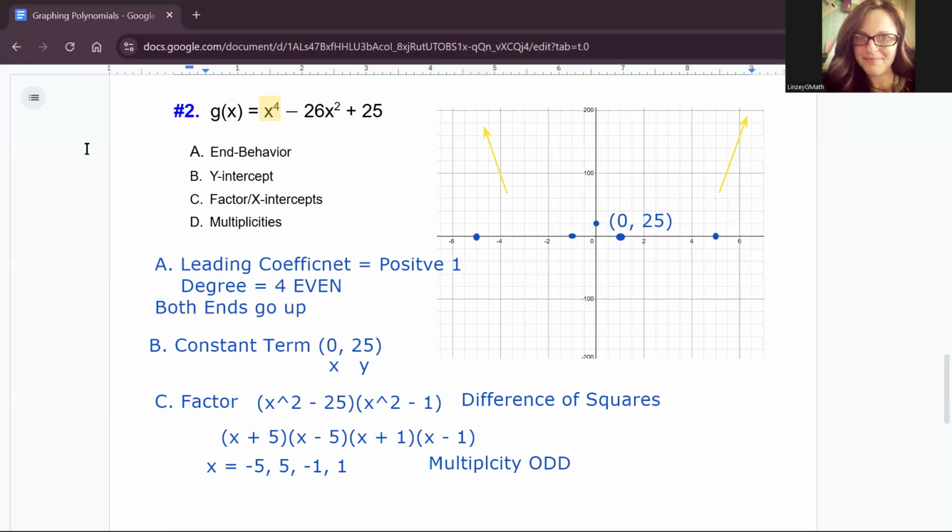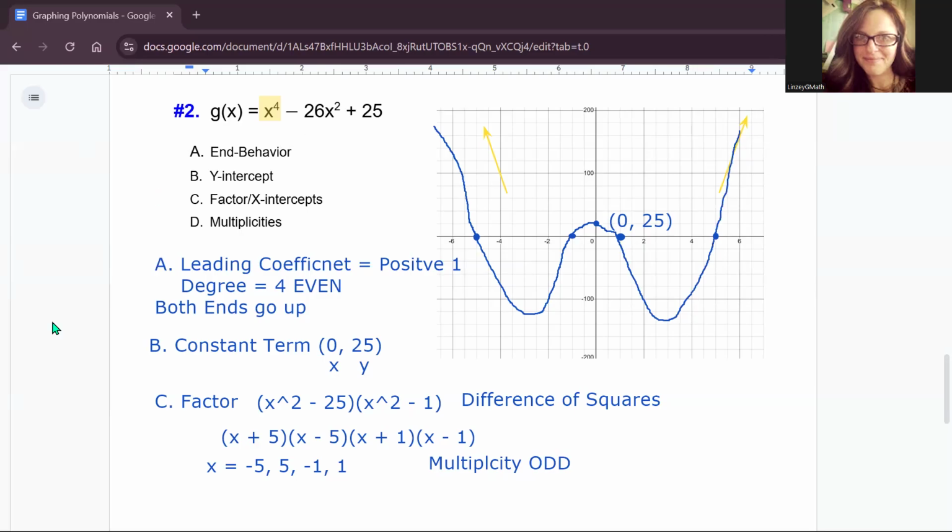We know that the graph goes through. So it goes through an x-intercept, turns around, goes through an x-intercept, there's our y-intercept, goes through an x-intercept, goes through an x-intercept, up on both ends.